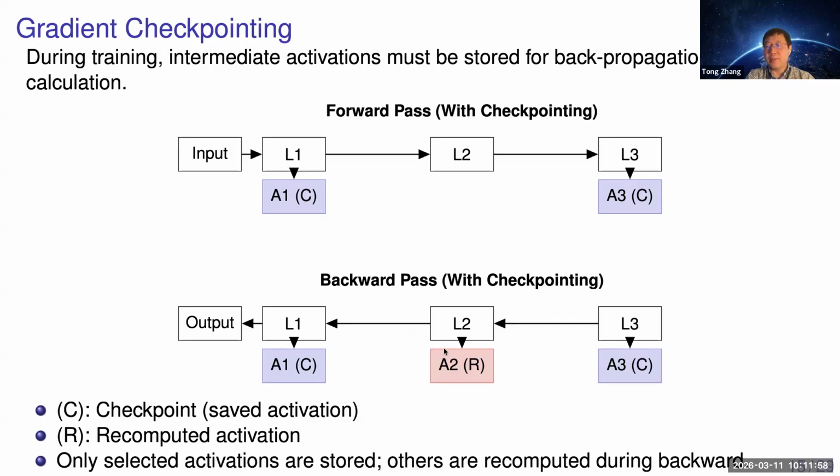The point is that without this, you will not be able to train with longer context or higher batch sizes. Although it's a trade-off and becomes slower, you are able to do something which could not be done before. So this is the simple idea.